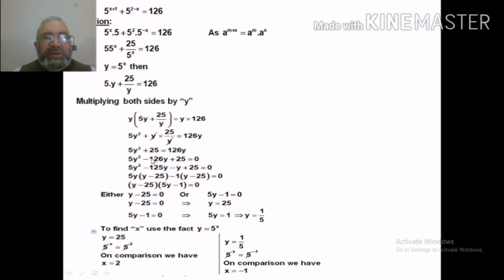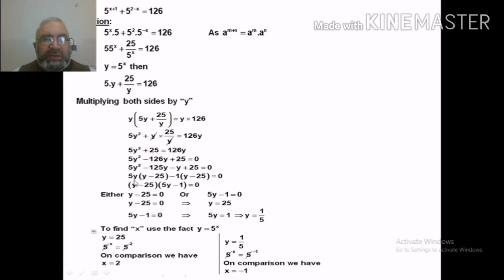That is the standard form of a quadratic equation. Splitting the middle term into two terms to solve by factorization, we get these two factors, minus 125 and minus 1. By adding we get minus 126, and by multiplying we get 125.